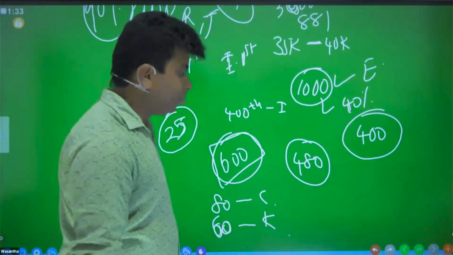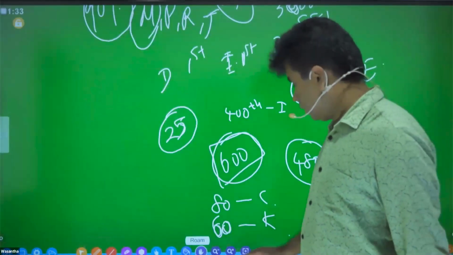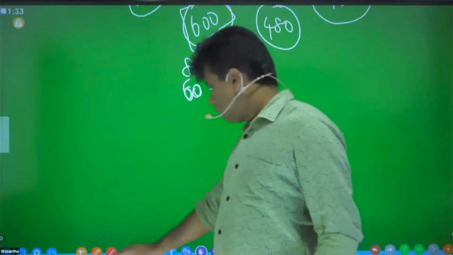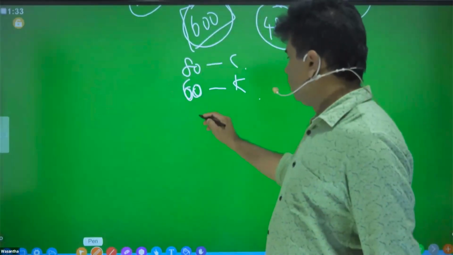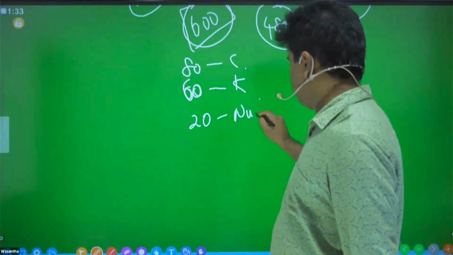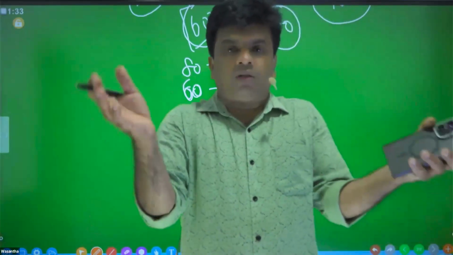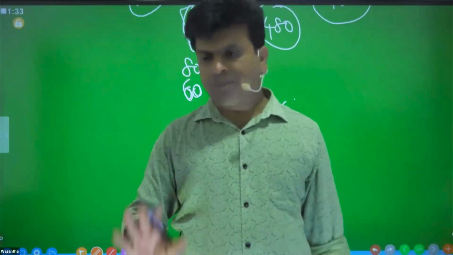Clear? Then maybe in Nuwara area, according to the population, there may be 20 students. Clear? 20 students are tamai. Again, 20 students tamai engineer select karan, right?